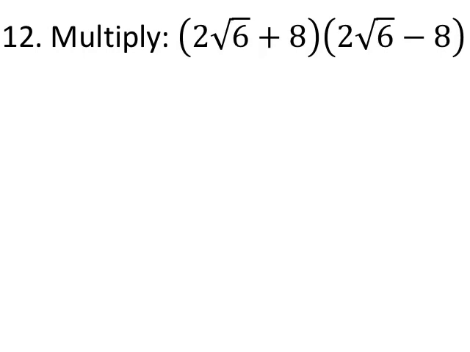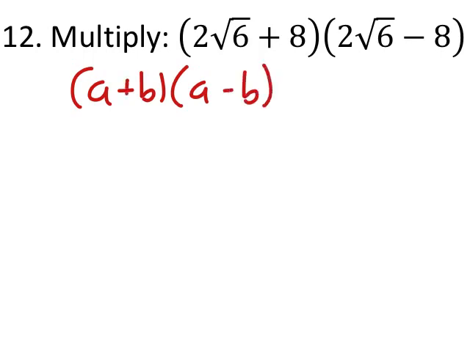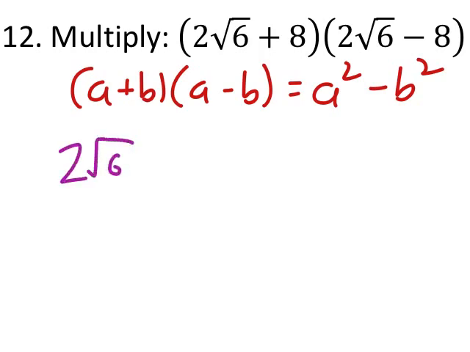Some of you may notice that this is in the form a plus b, a minus b. So that is just going to be a squared minus b squared, the difference of squares, which just allows us to take a quick shortcut. The a value is 2 square root of 6.